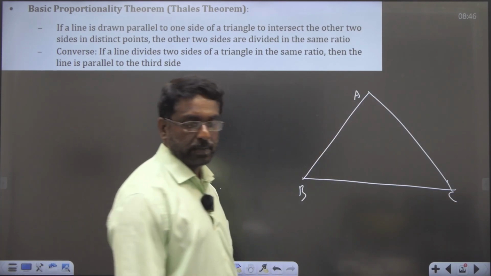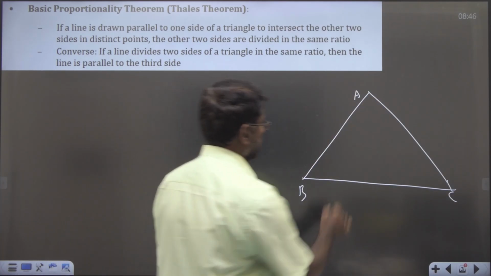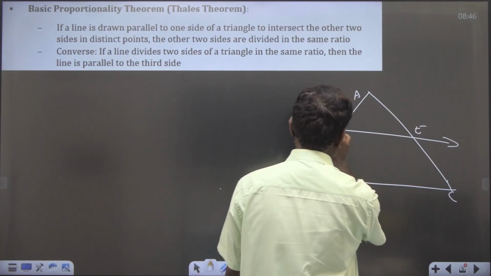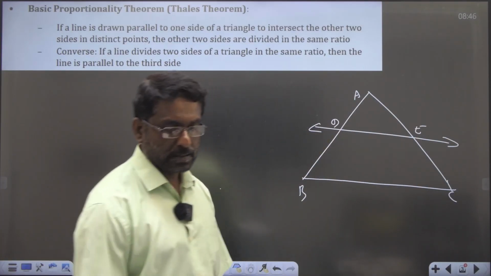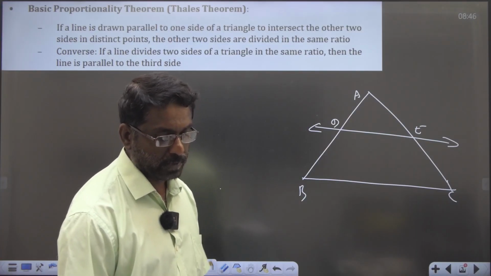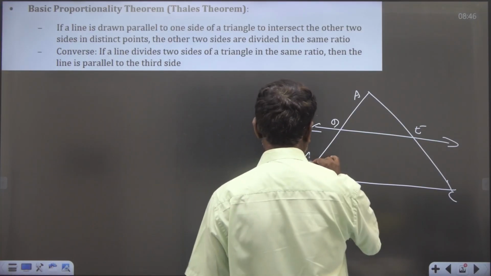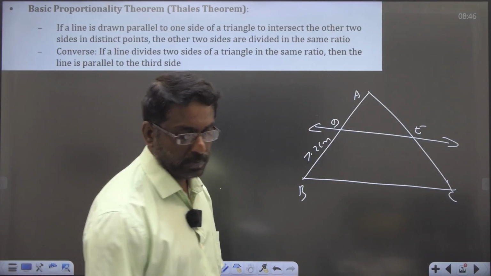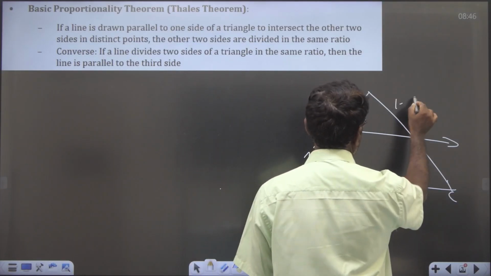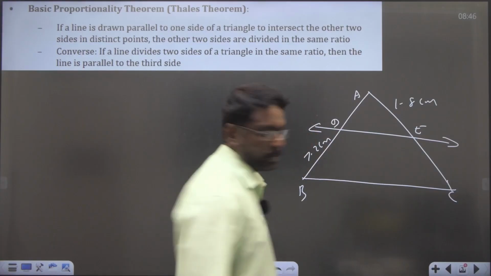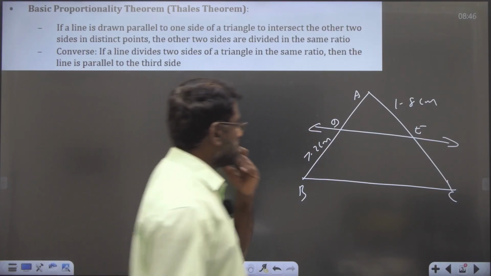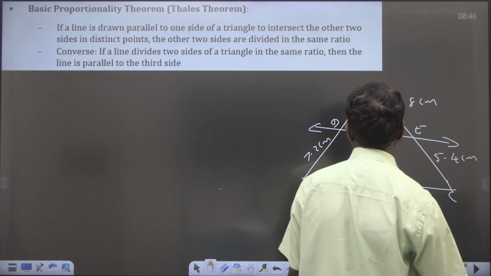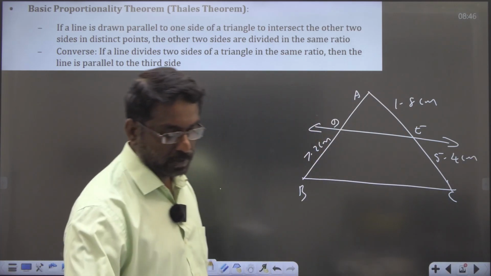Also given D, with 7.2 centimeter, AE is 1.8 centimeter, and 5.4 centimeter.